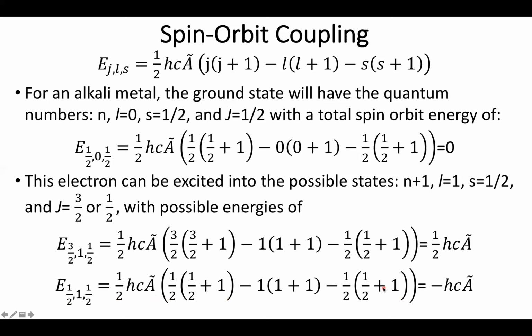And again, my spin and my total cancel out. I get a minus 2, cancels out with the half. And congratulations, we have a minus hc times the coupling constant. So the real important thing to notice here is this is a negative value. So this means with my lower total angular momentum, I have stabilized this arrangement.